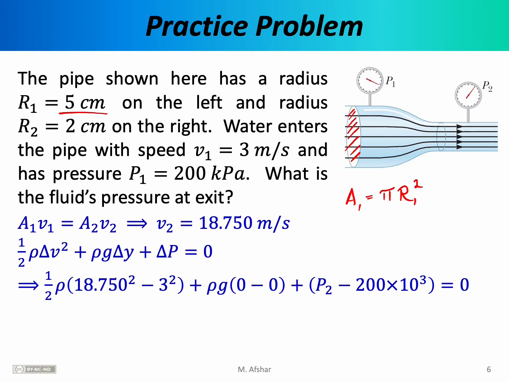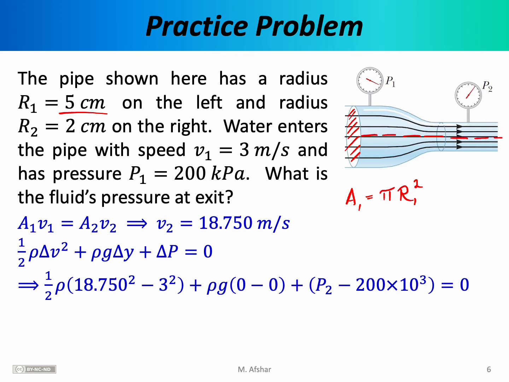In this case, on average, the height of the fluid does not change. I'm essentially considering this middle line to be the average height of the fluid as it passes through the pipe, plus the change in pressure. P2 is unknown, that's what we want to calculate. The initial pressure on the left end of the pipe is given to us as 200 kilopascals.